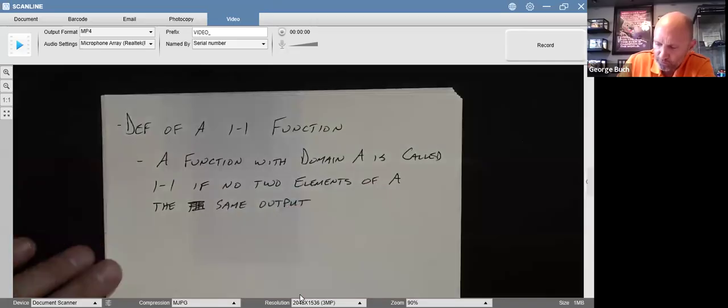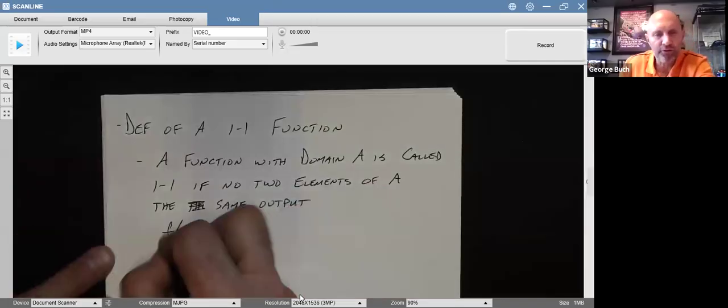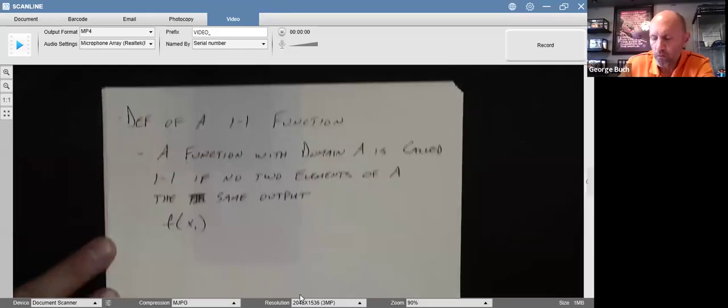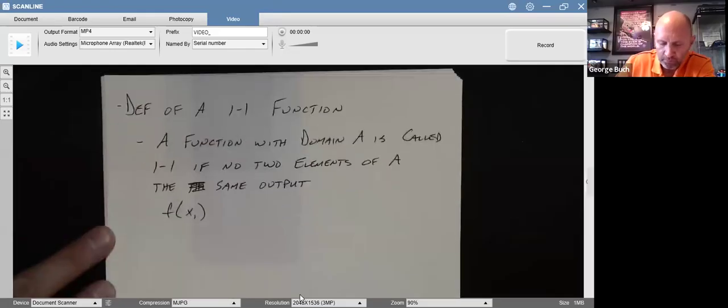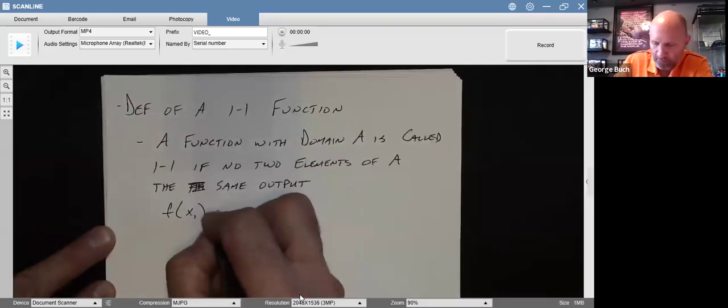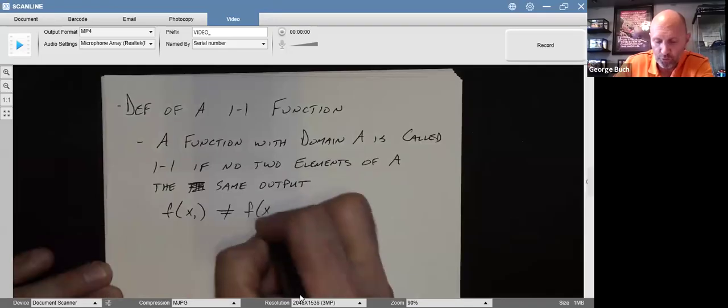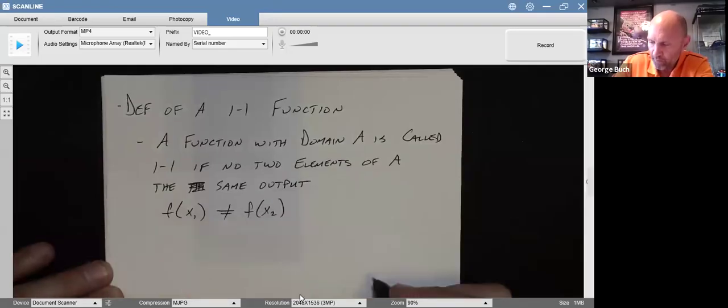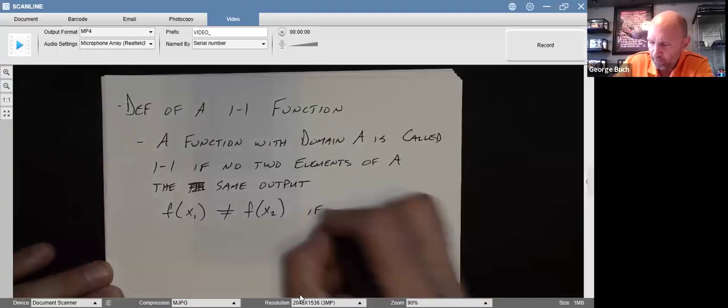What that means in terms of our function is that if I have some value x1, f of x1 cannot be the same as f of x2 if x1 is not equal to x2.